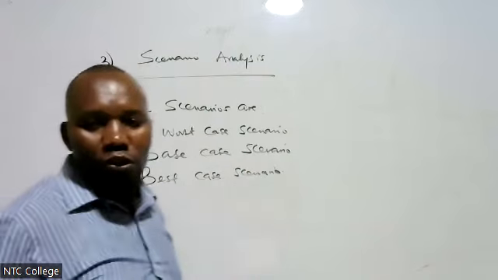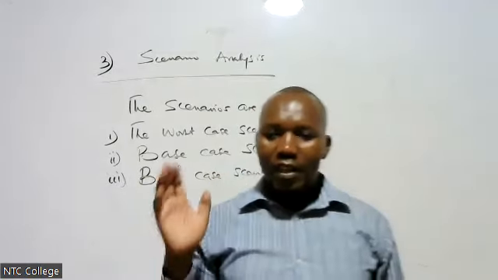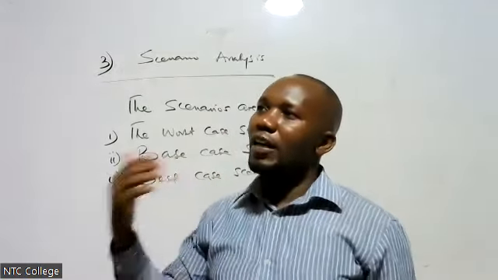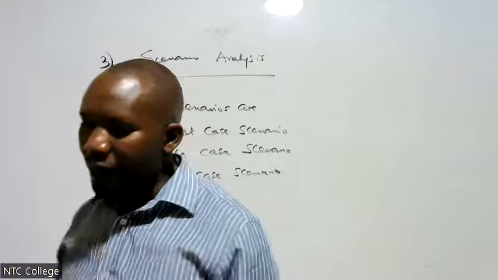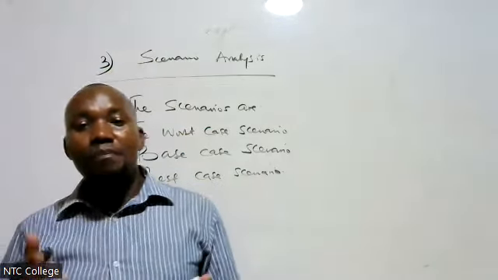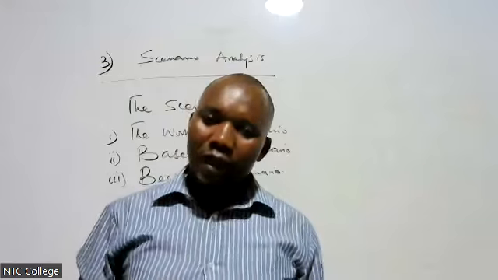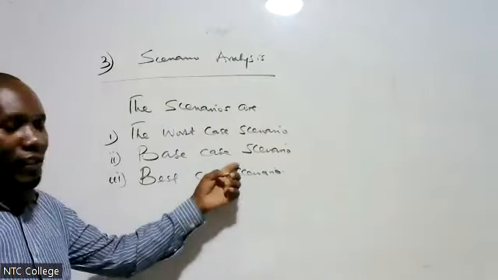When you want to do business, sometimes you say that if things go well, then I can make this profit, or if things go well, then maybe the cost can go down. That is the best case scenario. The normal scenario is called the base scenario.